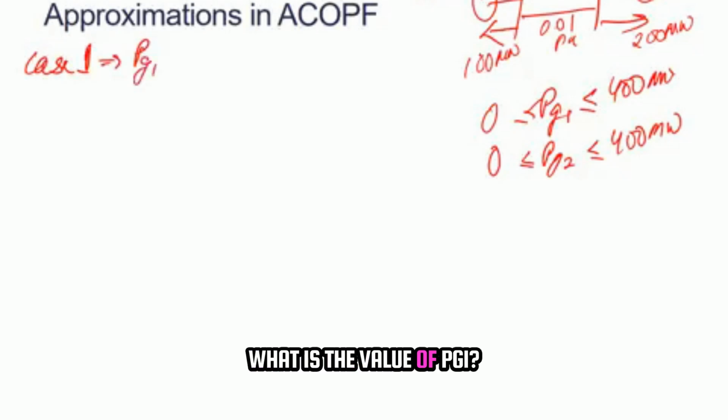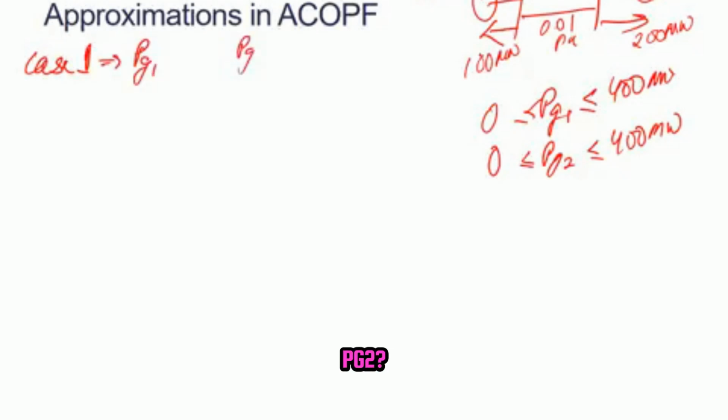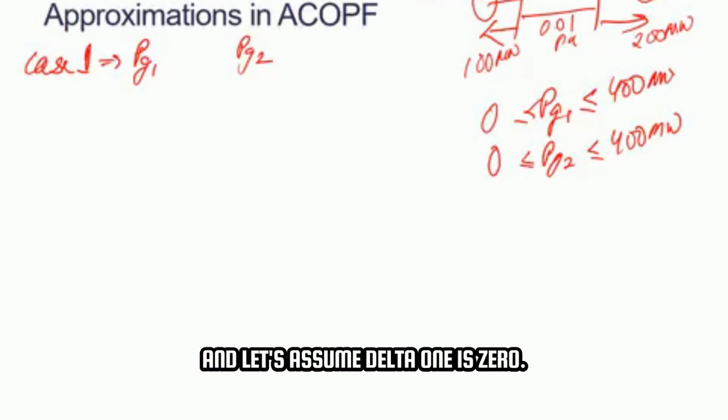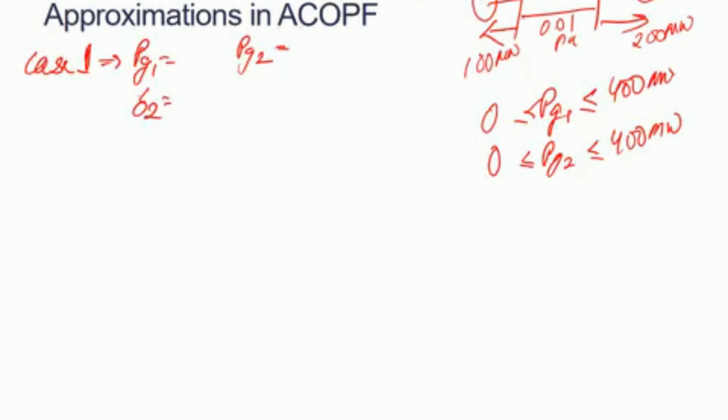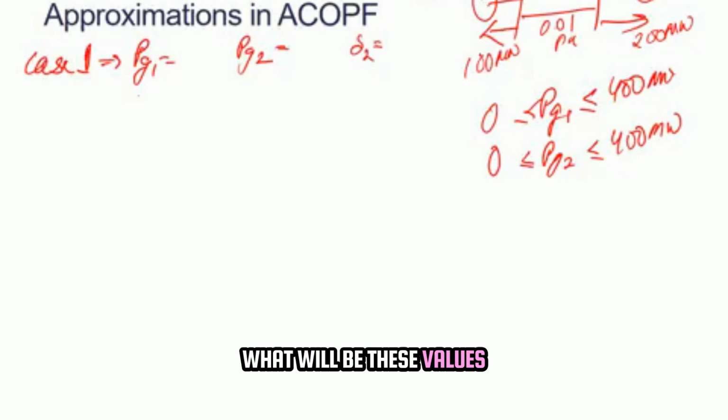What is the value of PG1, PG2, and let's assume delta 1 as 0, so delta 2? Tell me these values. Without running optimization, just visualize it and tell me.